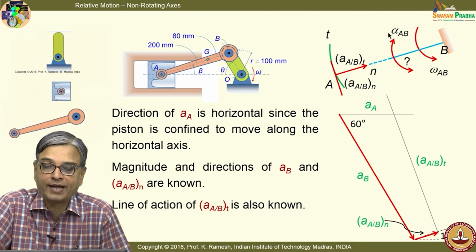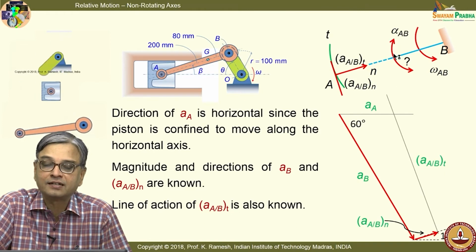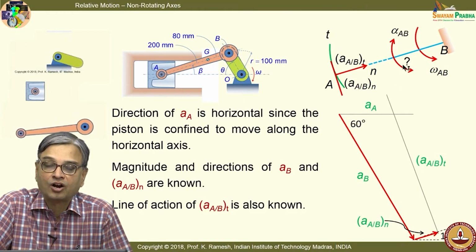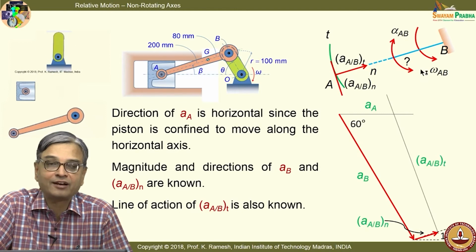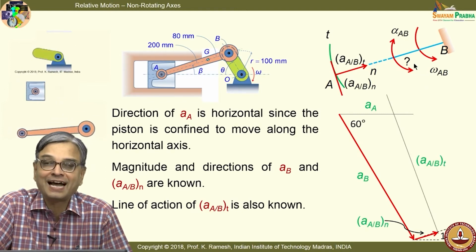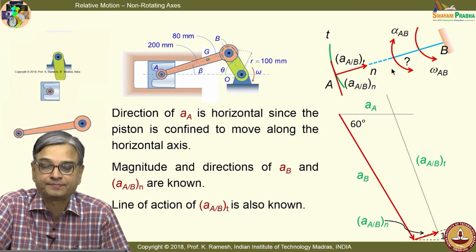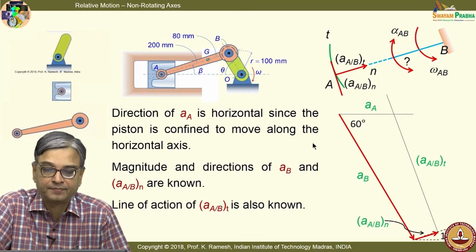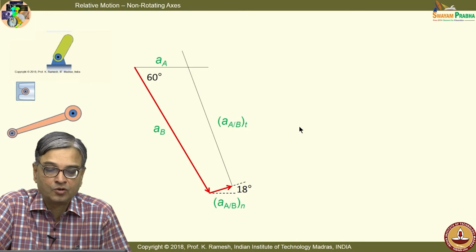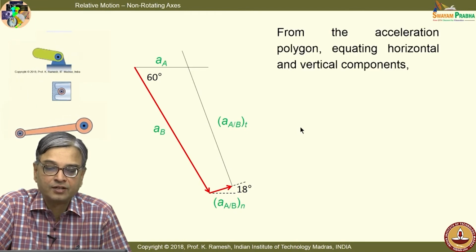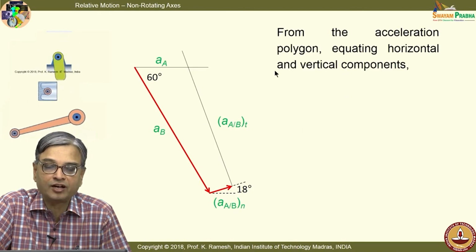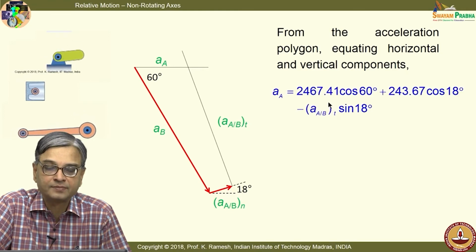So, the question I have raised is whether it is clockwise or anti-clockwise. That question is unanswered at this stage. So, I have this from the acceleration polygon, equating horizontal and vertical components.